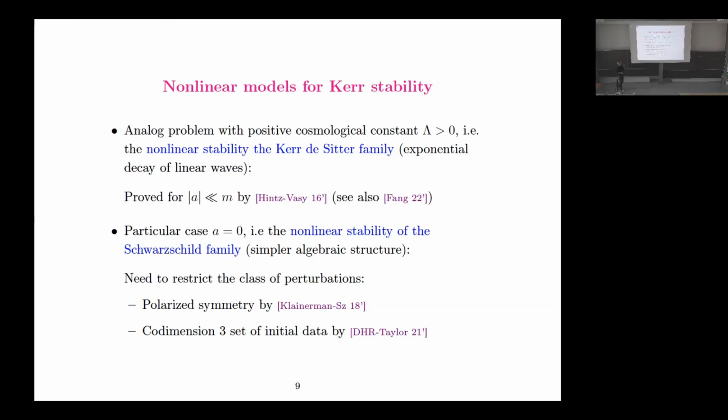This property is preserved by the flow, and it's only Schwarzschild that has it. So once you are in this symmetry class, it becomes a stability result because you restricted the set of perturbations.